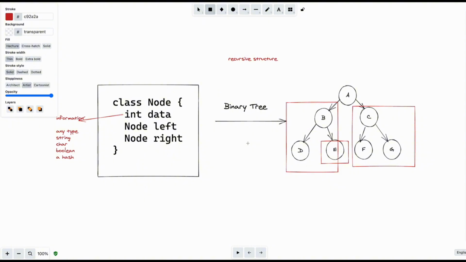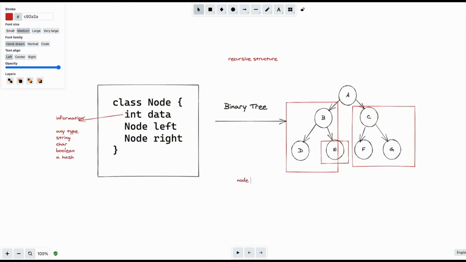Let's give an example. Node B looks something like: node with data equals B, left equals node D, and right equals node E.